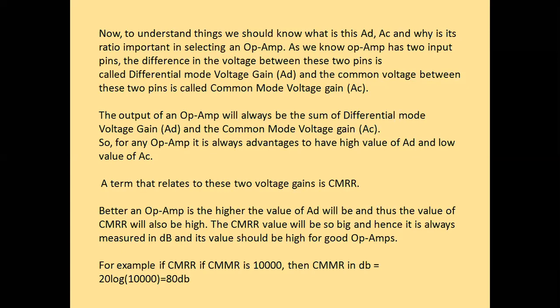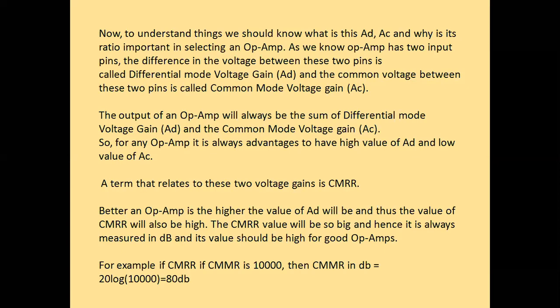But when we operate this operational amplifier, the output of the operational amplifier will be equal to the sum of the differential mode voltage gain and common mode voltage gain. That means VO is equal to AD plus AC. So for any operational amplifier, it is always advantageous to have a high value of AD and a low value of AC.